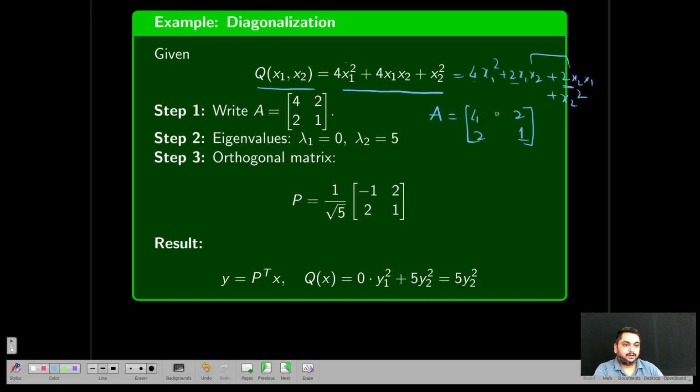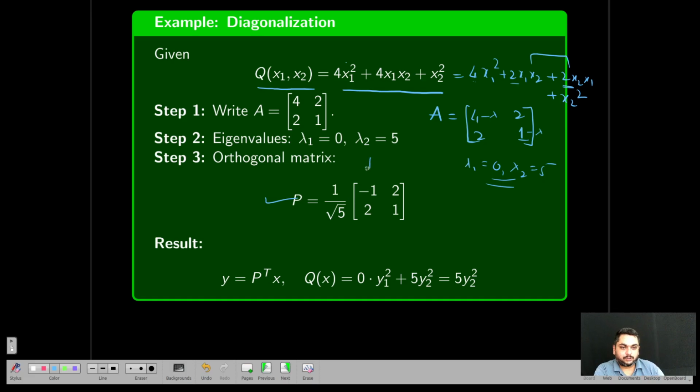Now you find the eigenvalues of this. I will get lambda 1 equal to 0, lambda 2 equal to 5, two eigenvalues. Now suppose this is the orthogonal matrix. P is given as 1 by root 5 times minus 1, 2, 2, 1.